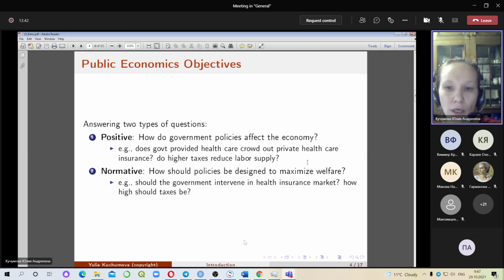In this course, we will put more attention on the second type of question. The first type is more empirical work, and there has actually been a lot of that done. But to understand from the theoretical perspective how it should work, what is important, what the key factors are, we need to think from the normative perspective.